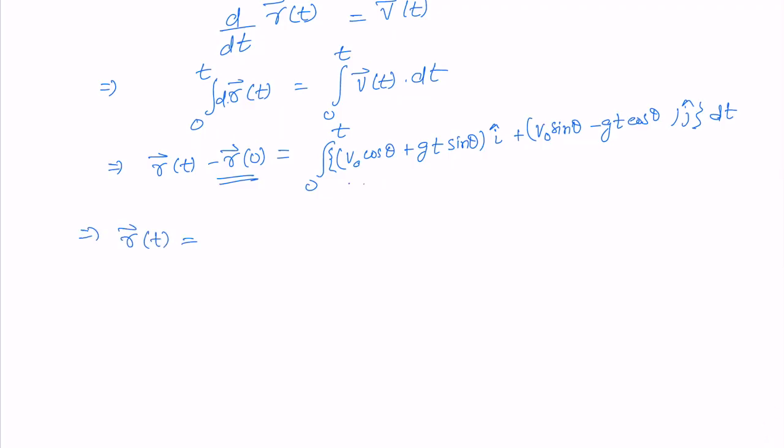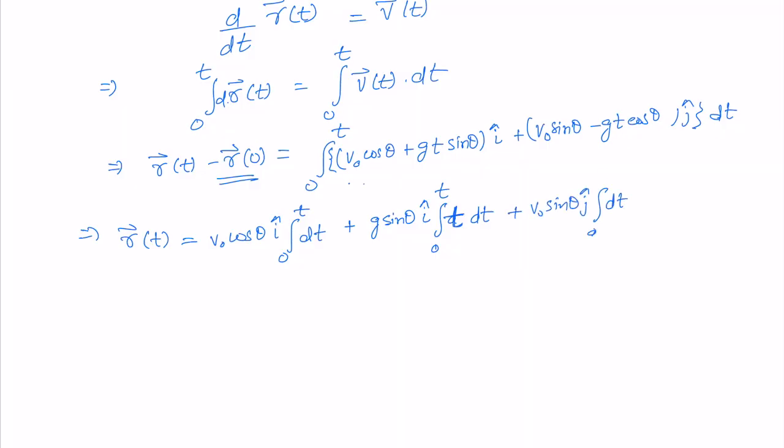Now this right hand side can be simplified as v naught cos theta i integral dt plus g sine theta i integral t dt plus v naught sine theta j integral dt minus g cos theta j integral t dt.